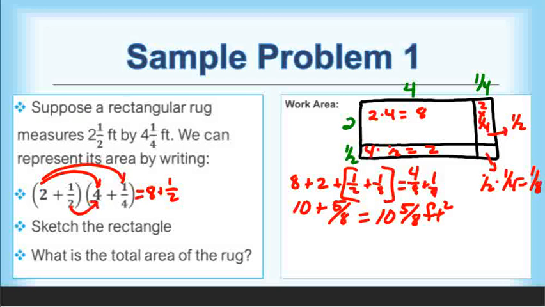Half times 4 would give us 2. And half times 1/4 would give us 1/8. And those are the same numbers I have over here on the right hand side. Just solving it a slightly different way, by separating the rug into pieces, I can find the area of each small piece and add them together.